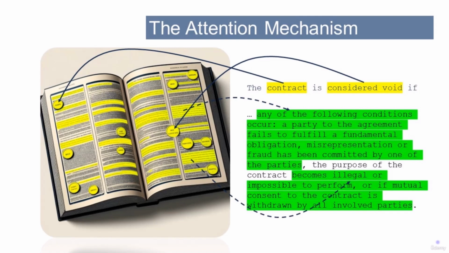The attention mechanism is like having a smart bookmark that can quickly look back over all the pages you've read and figure out which parts are most important to help guess what comes next. This way, the guess is better because it uses more of the story to decide which words to produce next.